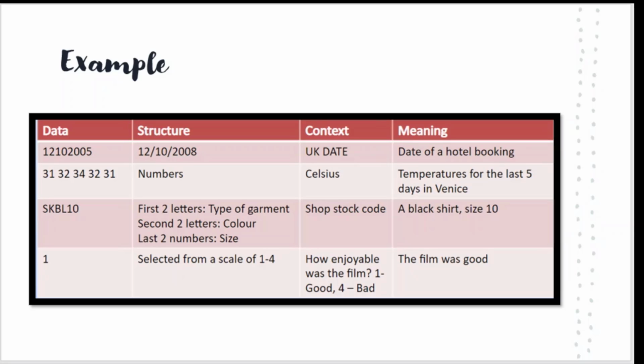And then you add meaning, okay? So booking a hotel, a shirt that you want to buy, the temperature, or a film, and all of this will become knowledge, because that information now has an application and now you have knowledge. Okay, I hope this makes sense.